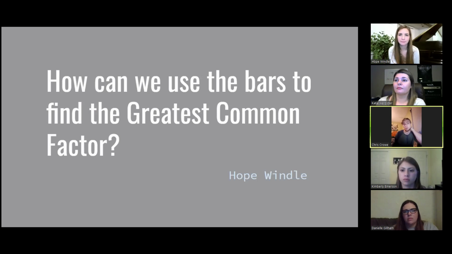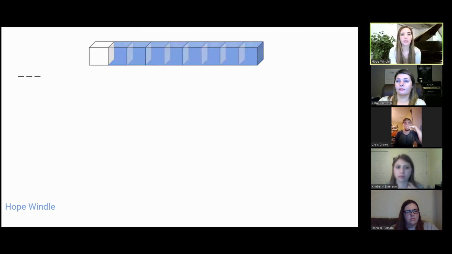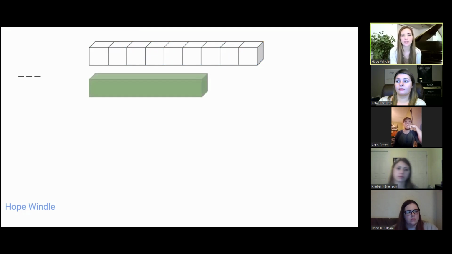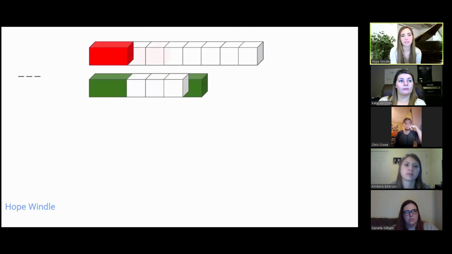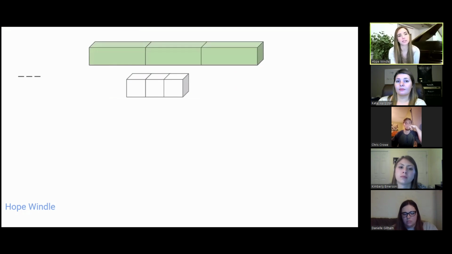Now, Hope, how can we use these bars to find the greatest common factor of these numbers? Okay, cool, Chris. So, like earlier, we were talking whenever Kimberly and Danielle were telling us about the 9 bar and the 6 bar. We're going to go ahead and see all the different things that can combine into the sixes. We know ones can fit in both 6 and 9, but two cannot fit in both 6 and 9.